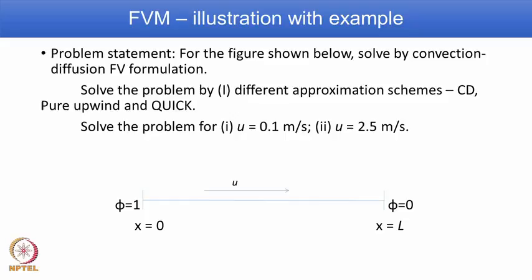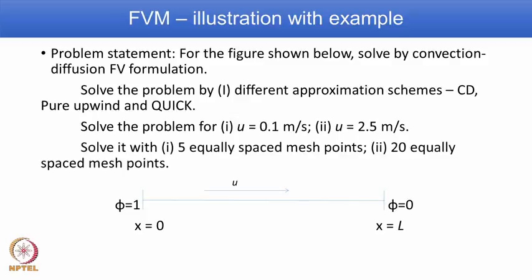Now, to get an idea of how these schemes behave for different flow condition, we take two different flow condition: u is equal to 0.1 meters per second, another condition u is equal to 2.5 meters per second. Then to get an idea of, for the same speed, if you discretize with the 5 mesh points, if you discretize with the 20 mesh points, what is the difference between 5 mesh points and 20 mesh points? The delta x is decided, the delta x term goes into the expression of coefficient calculations.